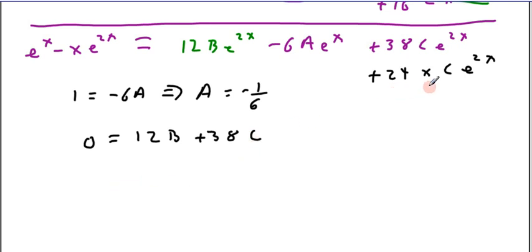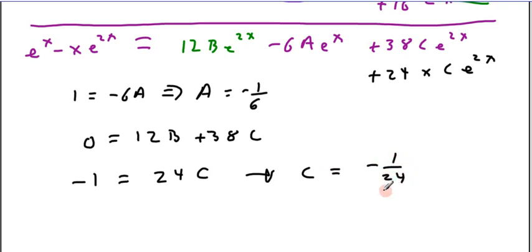And then I look at the x term, and I see that minus 1 has to equal 24c, implying that c is equal to minus 1 over 24.